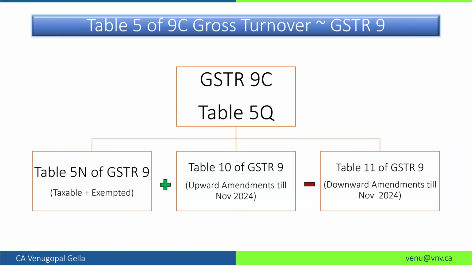The validation that the portal looks for is that the turnover reported in table 5 of 9C, which is the gross turnover, is compared with 5N of 9 plus table 10 minus table 11. And when we say table 10, it would be all amendments done up until 2024, upward and downward till 24. I'll come back to this slide again, whether we have to take it from R1 or 3B.